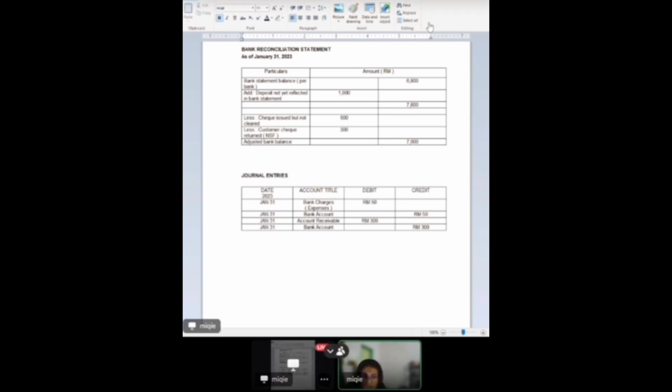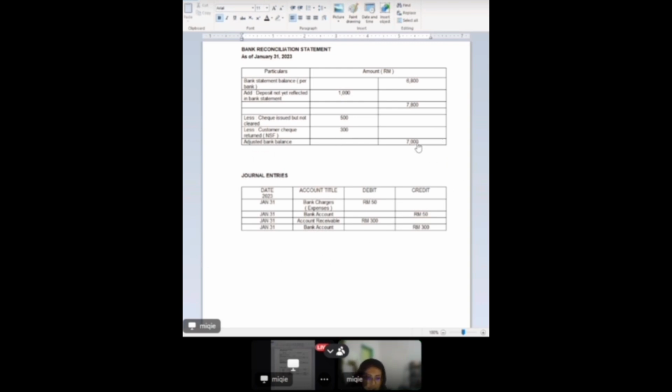As of January 31, 2023, the bank statement shows an ending balance of 6,800, which I adjusted by adding a RM 1,000 deposit not yet reflected, deducting a 500 check that had not cleared, and deducting a returned customer check of 300, resulting in an adjusted balance of 7,000 ringgit.